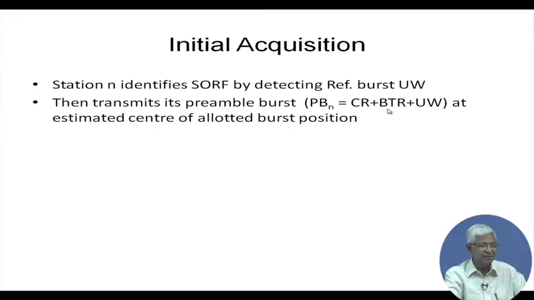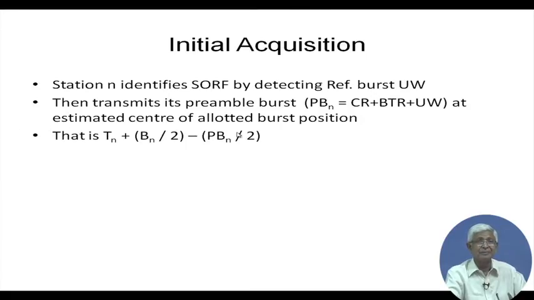So CRBTR is necessary and the unique word is for frame synchronization. This preamble is much smaller than the capital N burst time, and is transmitted at the estimated center of the allocated burst position. So the transmission is Tn delayed, the center of the burst position is Bn by 2, and we subtract the preamble by 2.